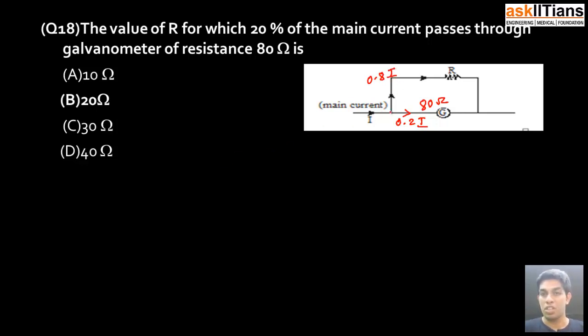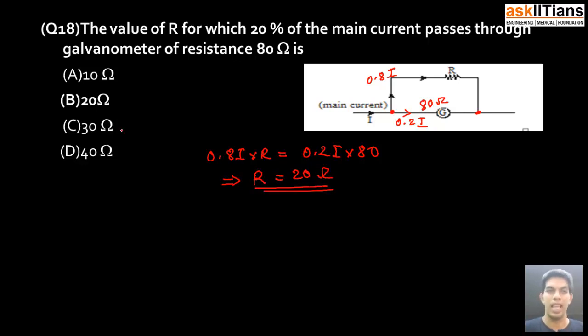So the potential difference across these 2 points needs to be same. Hence 0.8 I into R is equal to 0.2 I into 80. With this, I can find out R to be 20 ohm. Hence B is the correct answer.